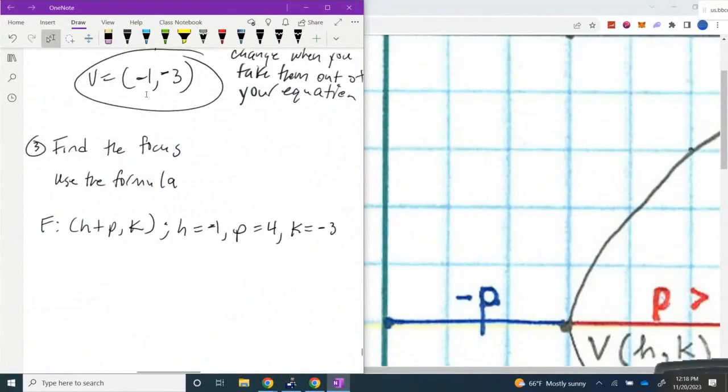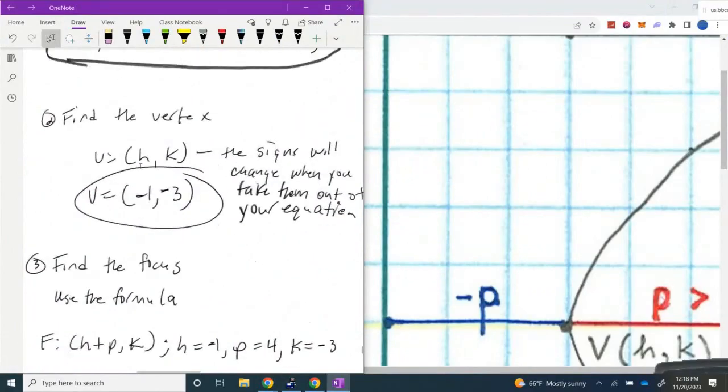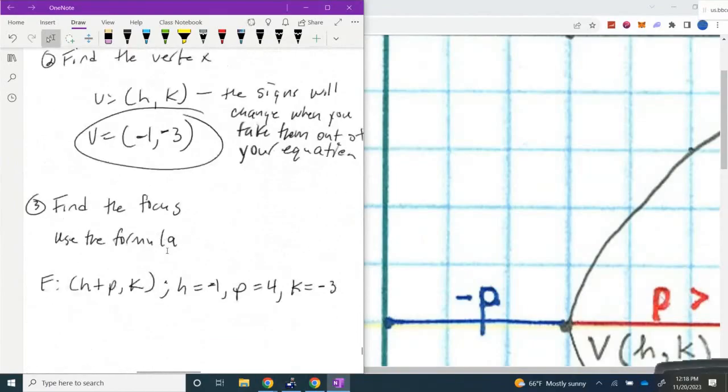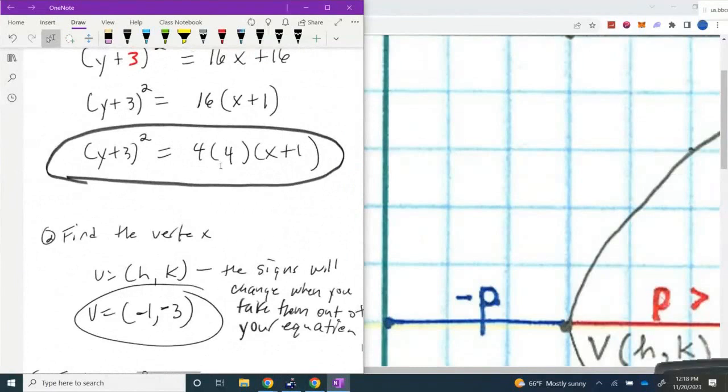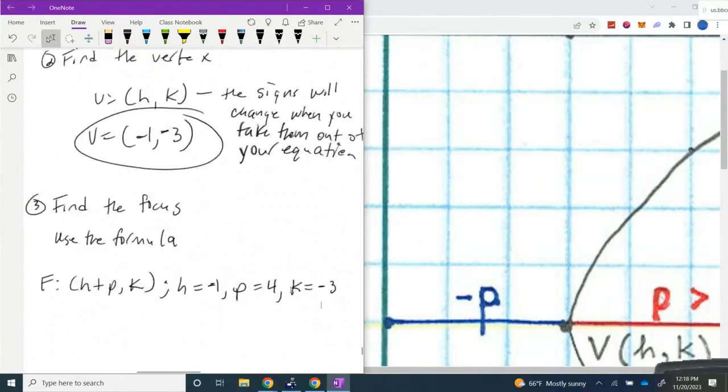Right, H was -1, because remember from our vertex, we have H comma K. We had to change the signs once we pulled them out of our model form. So H is -1. P, once we write it in standard form, 4 times P, A, or C, so we got 4. So P is 4 and K was -3.